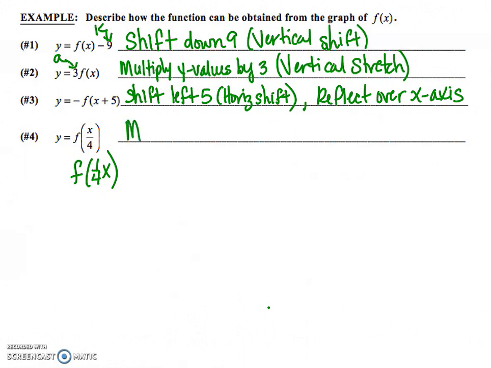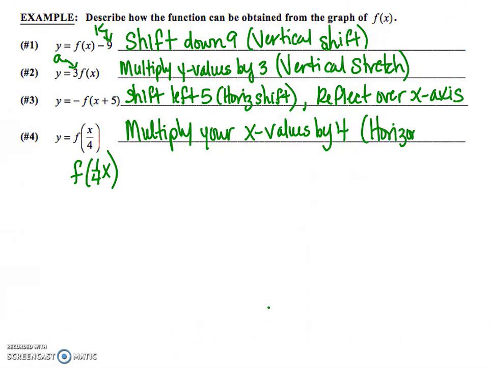So you are actually going to multiply your x values by 4. So this is going to be the horizontal stretch.